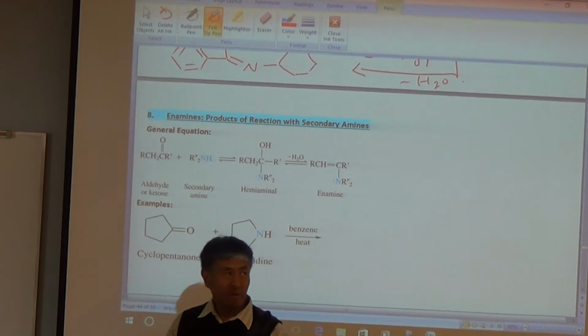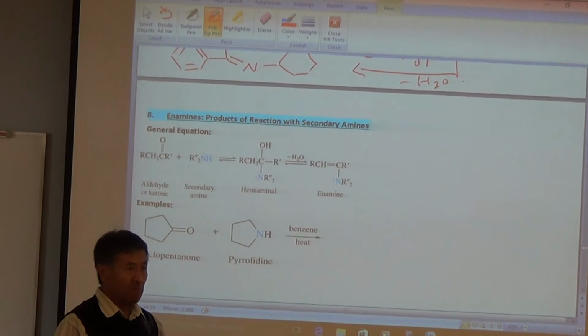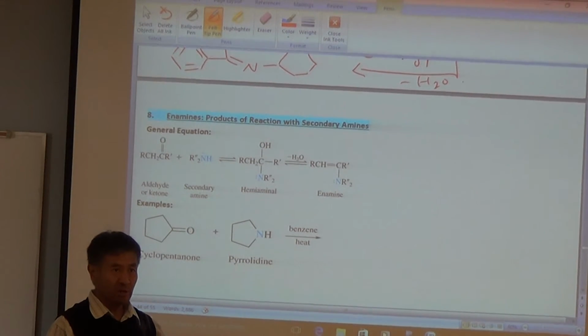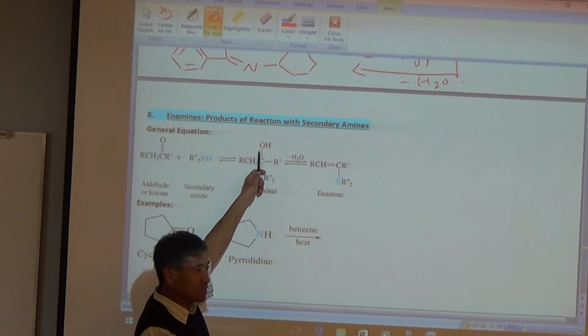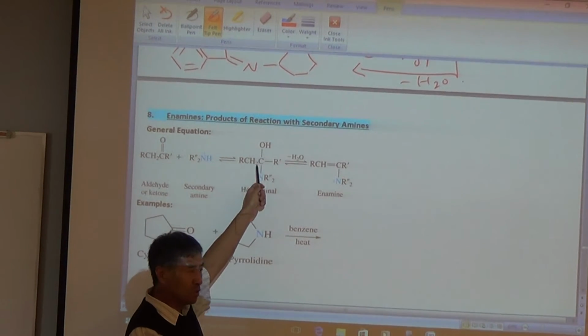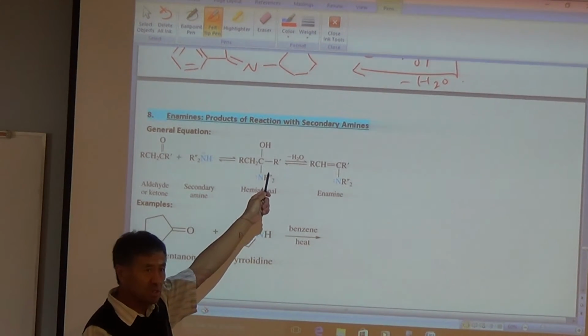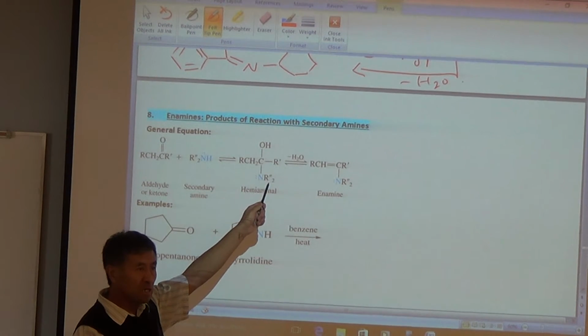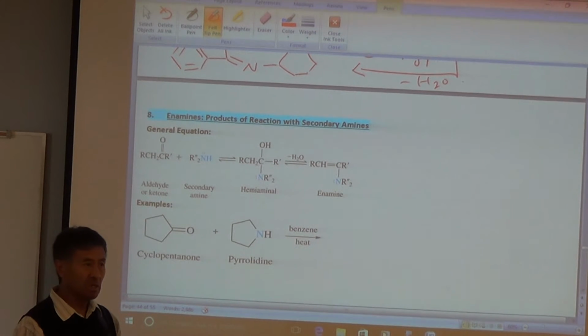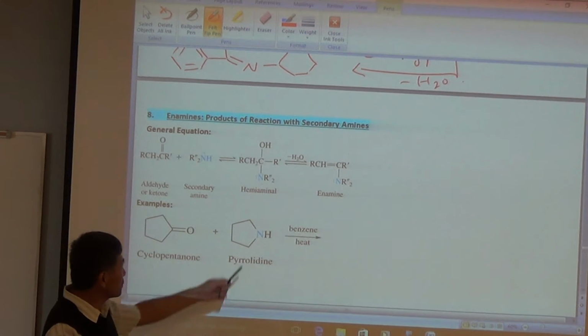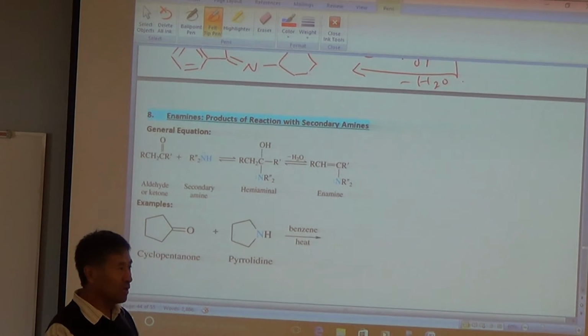Then we saw what happened: the hemiacetal protonates this OH, the OH becomes water and gets lost. Then we go on to add another alcohol, then we produce the acetal. Now for adding nitrogen nucleophiles, nitrogen is the better nucleophile.